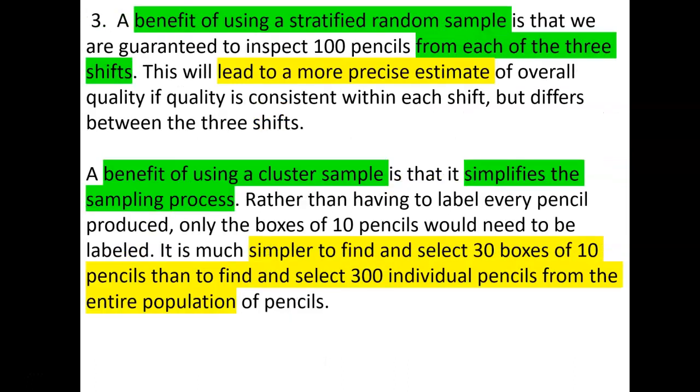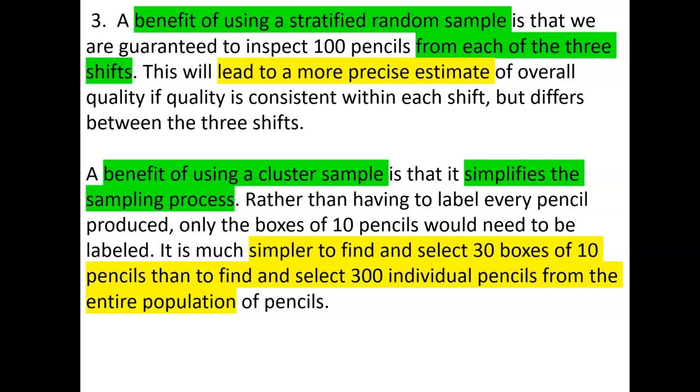So the last question there was about the benefit of each of those. So a benefit of using stratified sampling, remember we're doing it at the end of each shift. It'll lead to a more precise estimate of the overall quality throughout the day. But also, it'll tell you if there's a problem from one shift to the other.